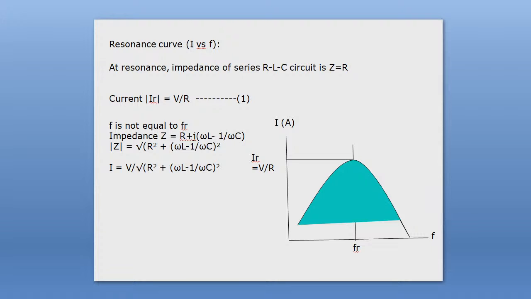In this case, impedance is not a pure resistance. It is the combination of resistance, inductive reactance and capacitive reactance. For frequency greater than resonance frequency, the omega L term will be higher compared to the 1 by omega C term, and for frequency less than resonant frequency, the 1 by omega C term will get a higher value compared to omega L.